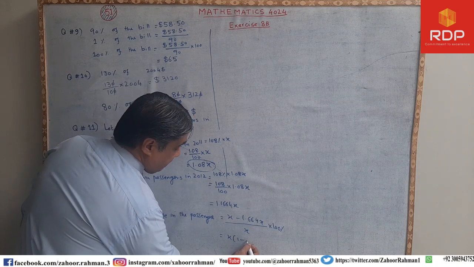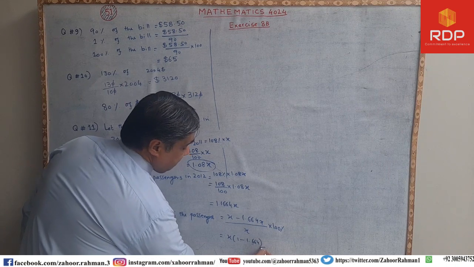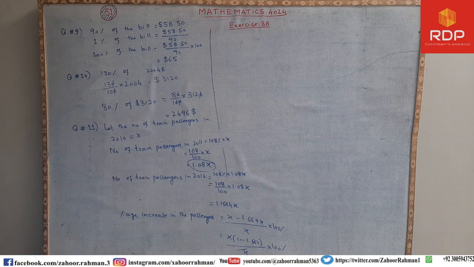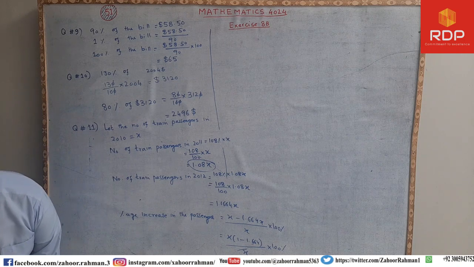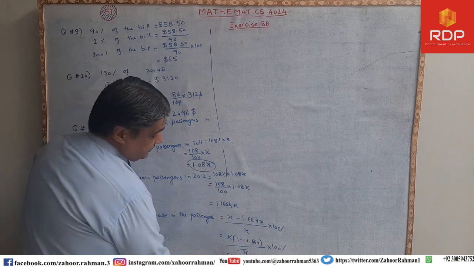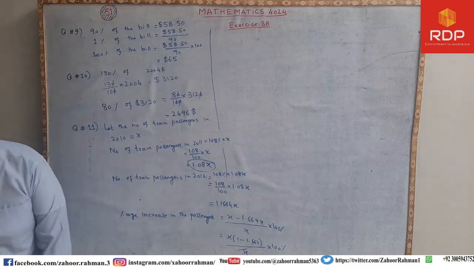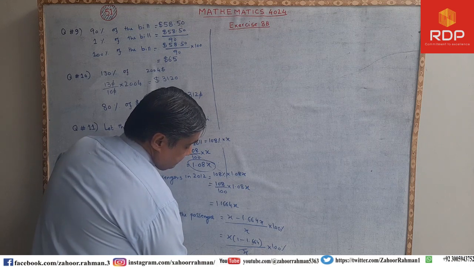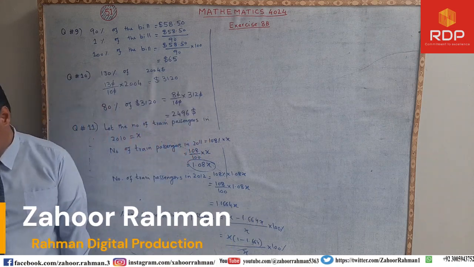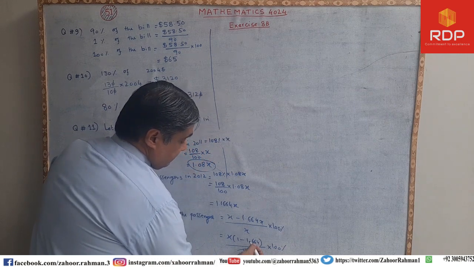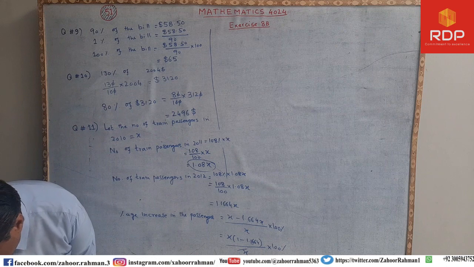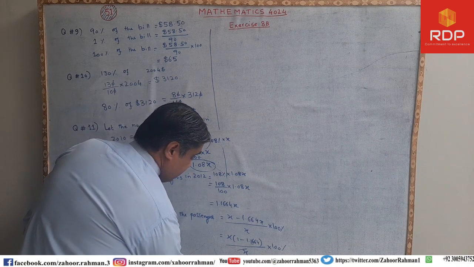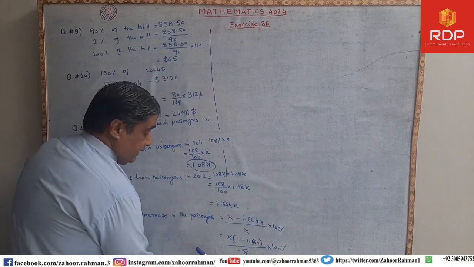Here we are taking 1 as common. Why? Because we want to cancel it by this X. So the X value is removed, and then when we multiply 0.1664 by 100%, we will get 16.64%. 16.64% will be the value here.